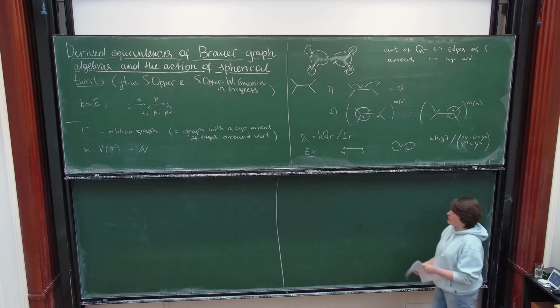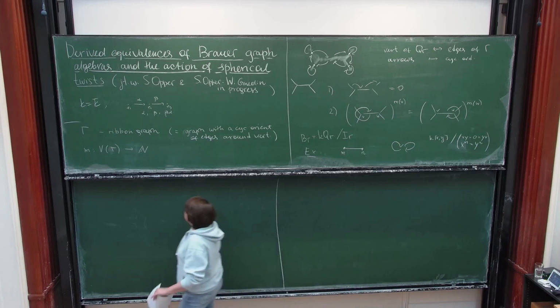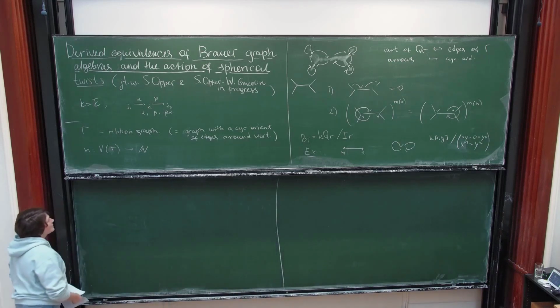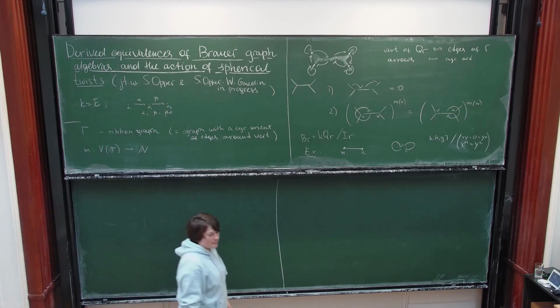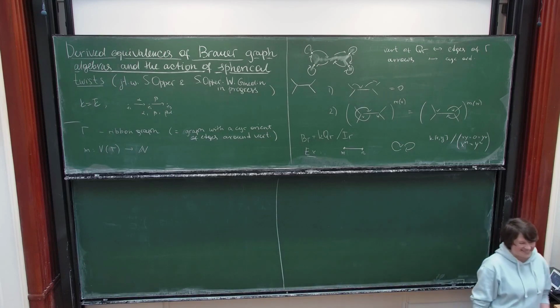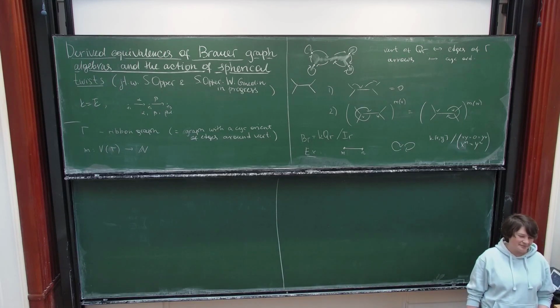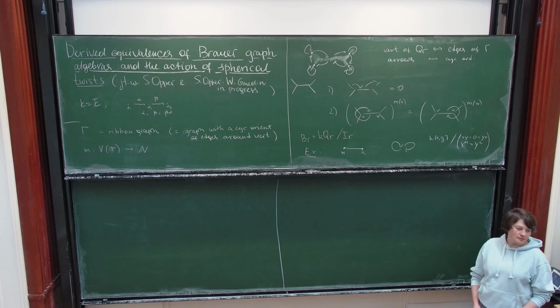So what about derived equivalences? Well, the first question one can ask is... Since you're on the topic of motivation, what is the reason to look at this Brauer graph algebra when you want to study the ribbon graph?